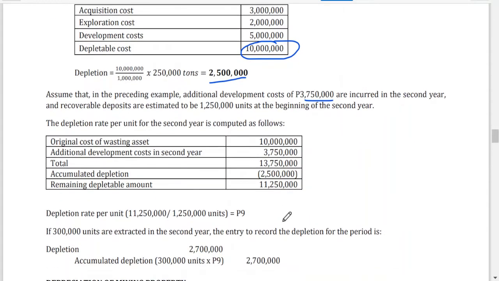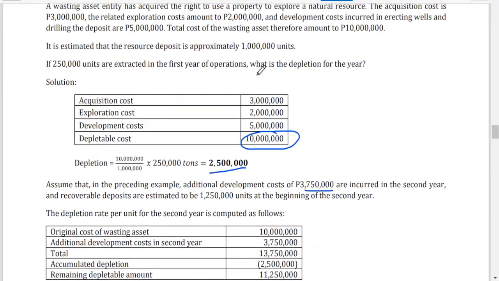So what would be the depletion rate? So 11,250,000 divided by 1,250,000 units. If wala nag-revise sa recoverable deposits, pila man dapat ang ibutang diri. So if there was no revision, we go back to the original information.